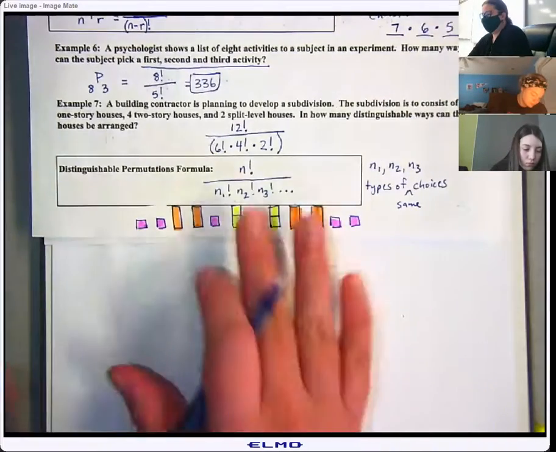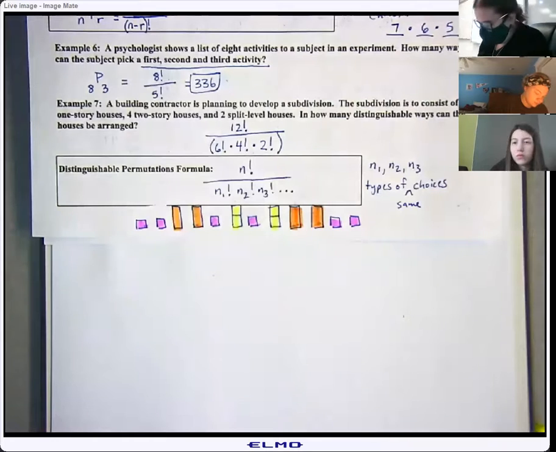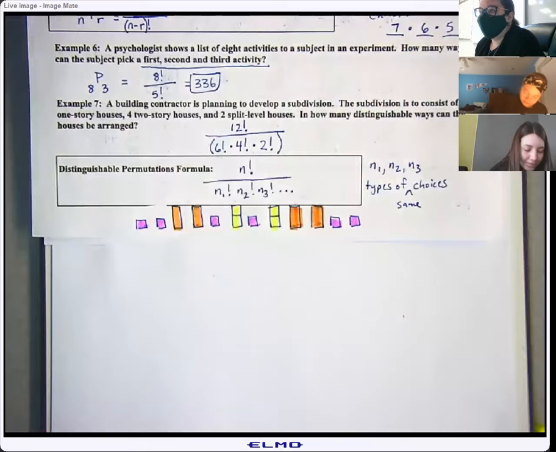All right, now this is definitely one you don't want to try to do by hand. I would just put this directly using those factorials in your calculator. Please don't do 12 times 11 times 10 times 9 and so on, and then divide. So 12 factorial on top. Everybody should be trying this.